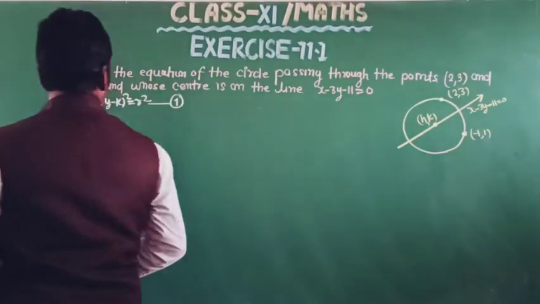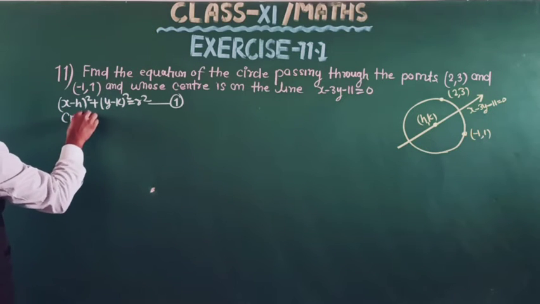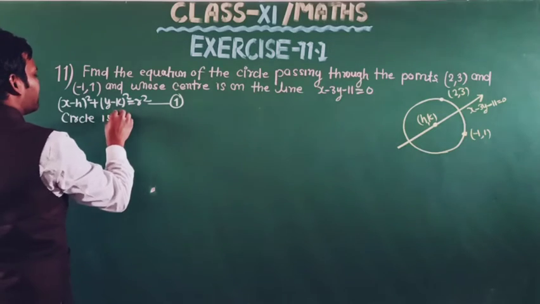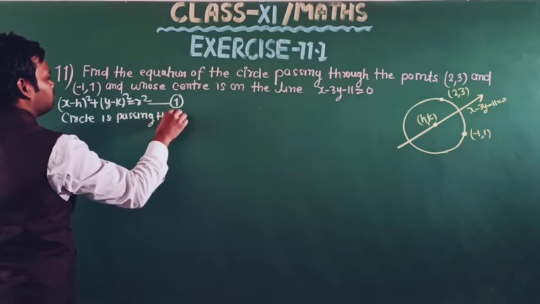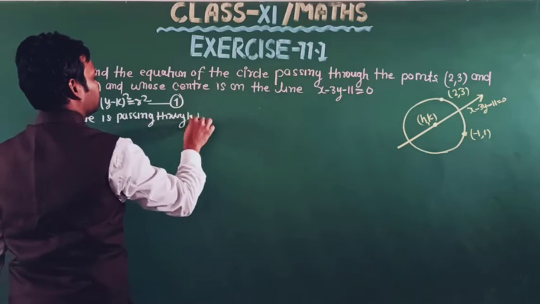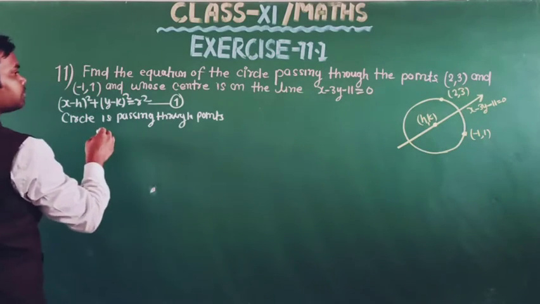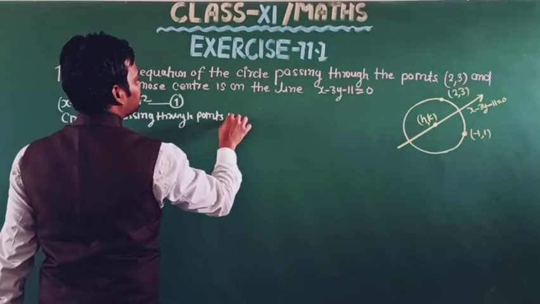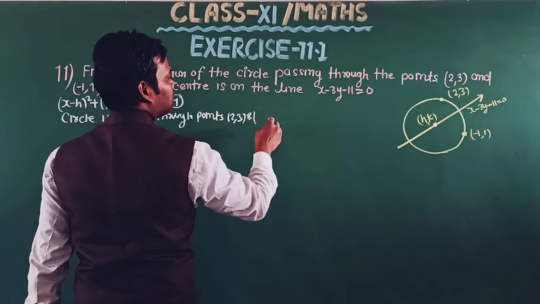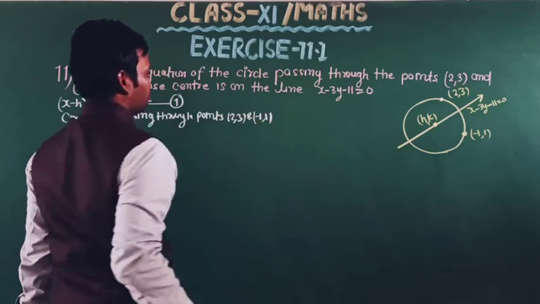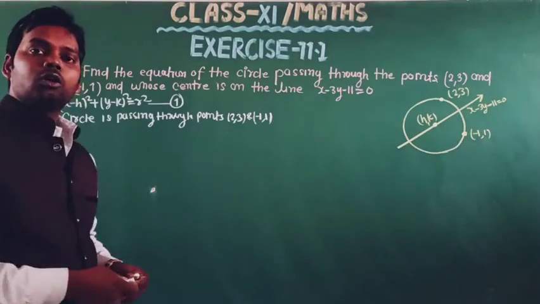So we can say the circle is passing through points (2, 3) and (-1, 1). So we have to satisfy the equation of the circle.